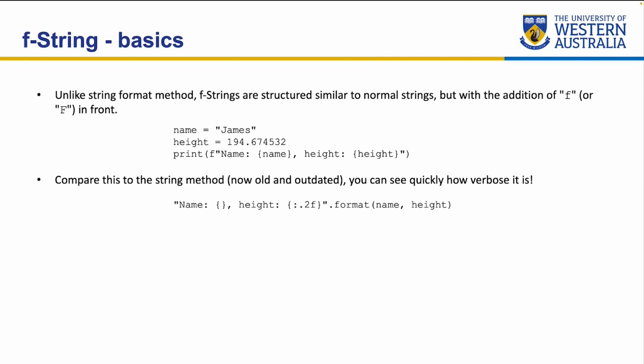Okay, you can add F even without variables. It will still work like normal strings as well. So it is a good habit to use F strings, and if you need to format it, make sure you use the F strings. There are other methods that have been proposed previously, but you'll find the F string is much more verbose and easy to use.